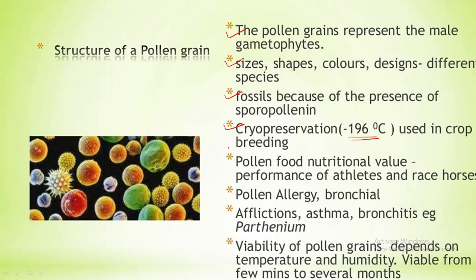That is the 3-cell stage. So what does this mean? In 60% of angiosperms, pollen grains are shed at the 2-cell stage, meaning they have a vegetative cell and a generative cell. But in 40% of the angiosperms, the generative cell again divides mitotically and produces the male gametes. So they are shed when there are 2 male gametes and 1 vegetative cell in the pollen grain.